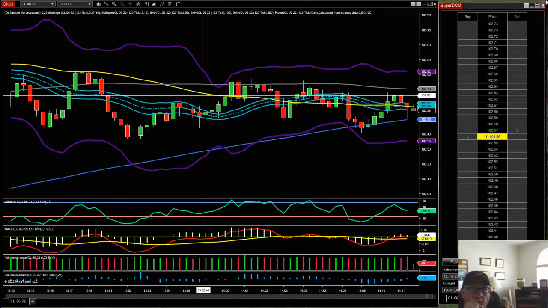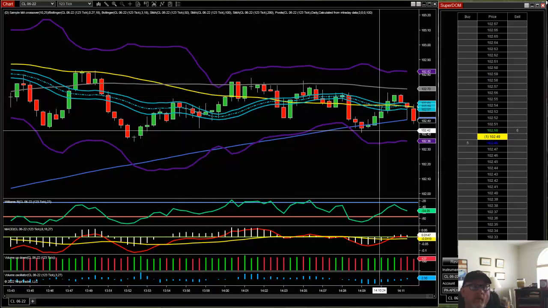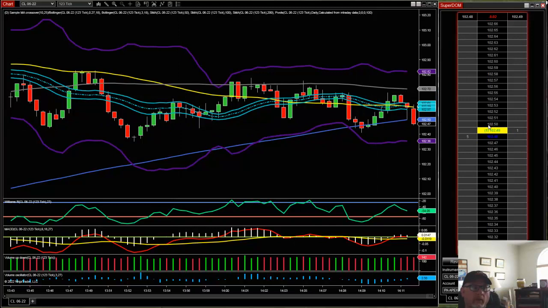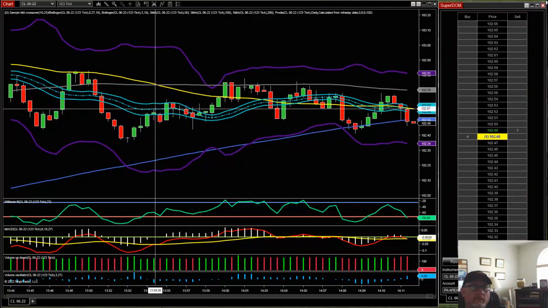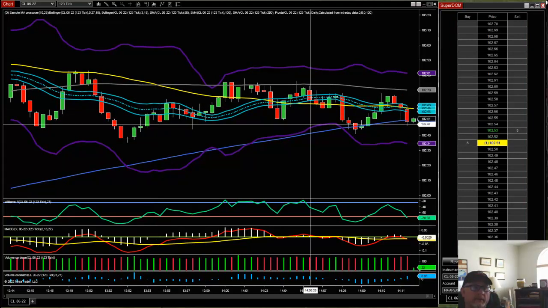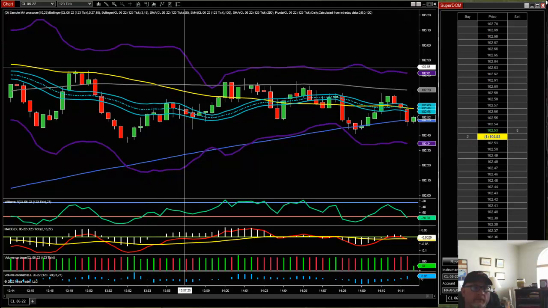Flat again. Yeah. 102.5, I'm looking for it to break through there. Going for the 102 even area.